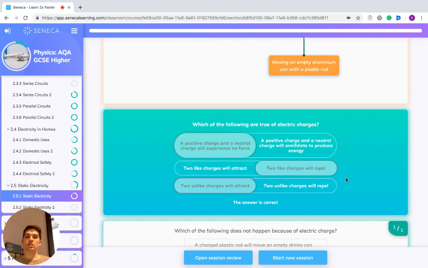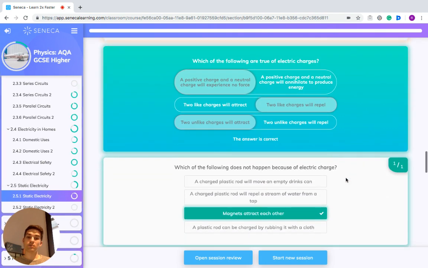Now, electrical charges. There's some other things you need to know. So a positive charge and a neutral charge will experience no force because they're not oppositely charged. You also need to know that two like charges will repel each other, and also two unlike charges will attract.